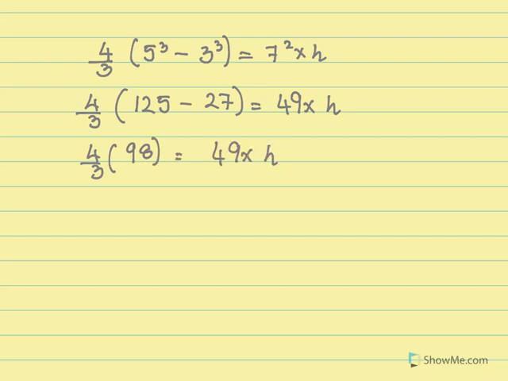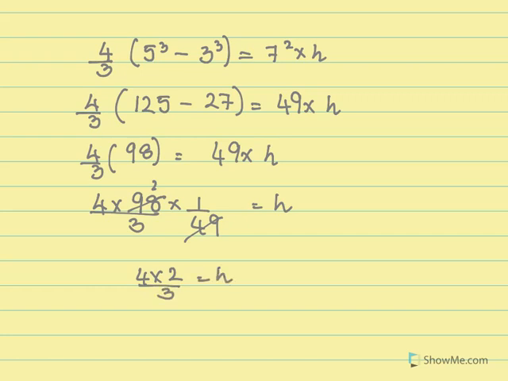Now we need to find h. So we do 4 into 98 over 3. This 49 will go on the other side and become 1 by 49 equal to h. And this is 1s are, here is 2s are, 4 into 2 over 3 equal to h. So h is equal to 8 over 3 centimeter.